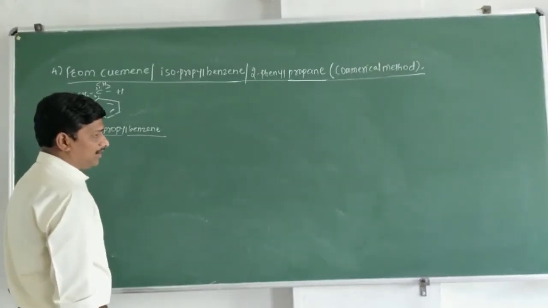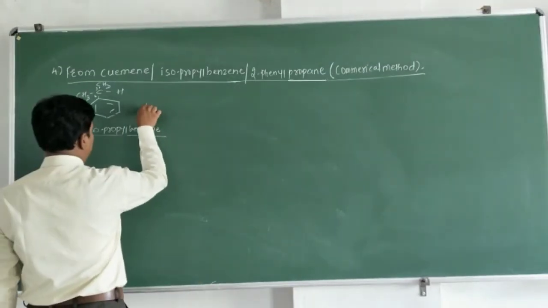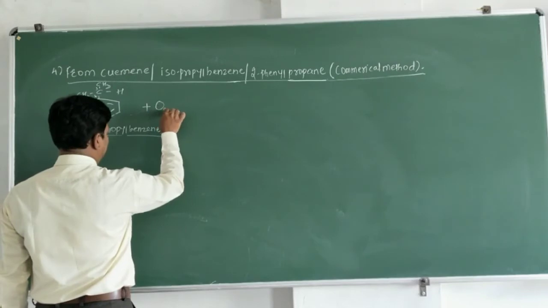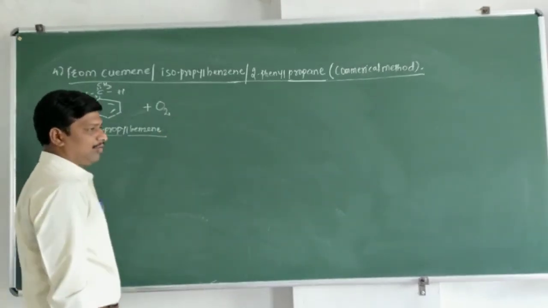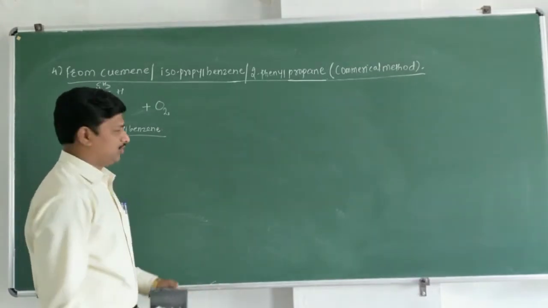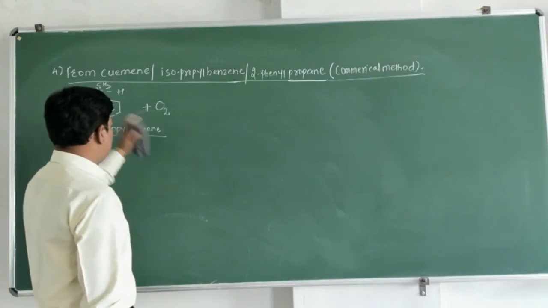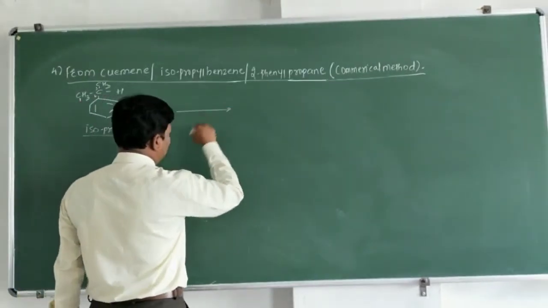Now this cumene gets oxidized by the air, means it reacts with the oxygen. Now you know that the addition of oxygen is oxidation. Means the oxidation of isopropyl benzene takes place in alkaline medium.